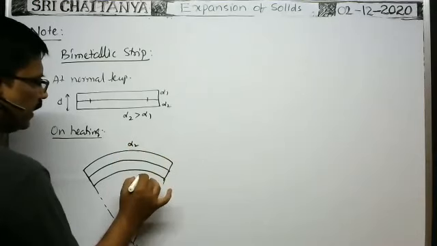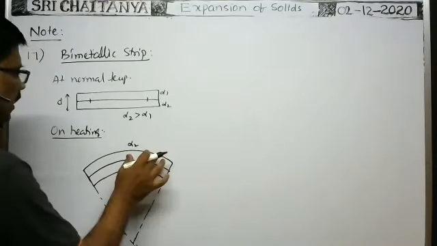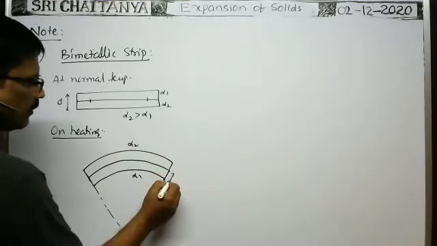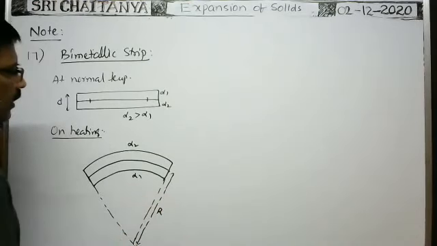Here it is alpha 1. Now, what is the radius of curvature of this bimetal strip? The midline is this one, so this is the radius of curvature R.